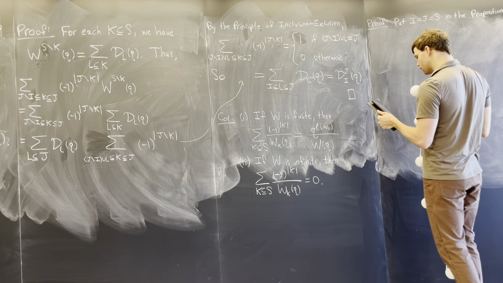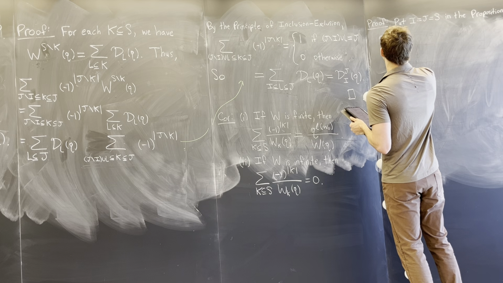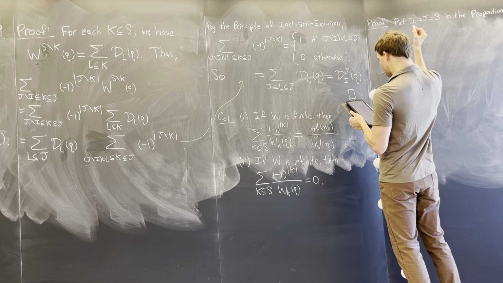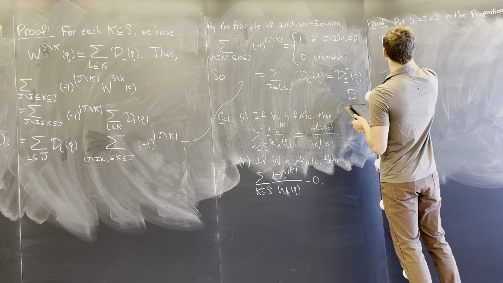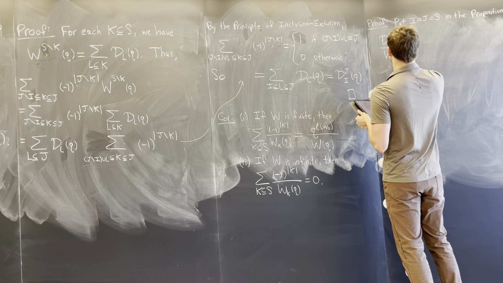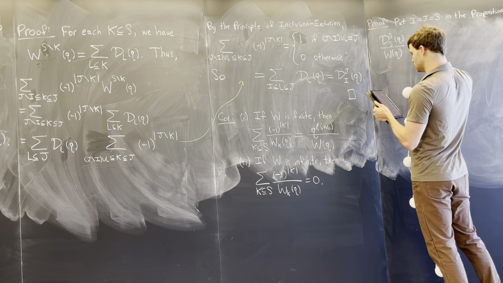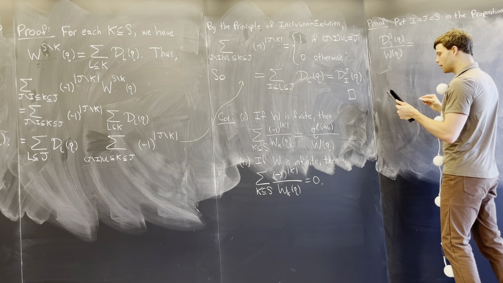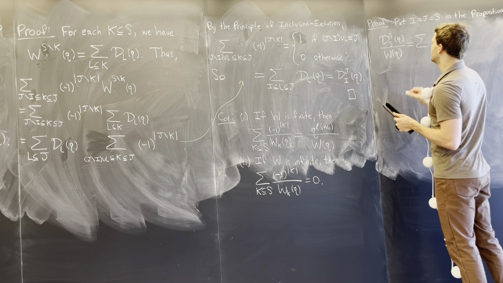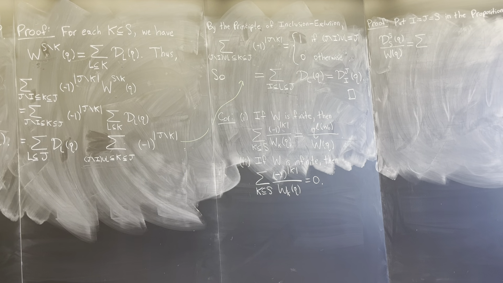So if I do this, then I get d_SS of q divided by W of q. What is this? So this is going to be the sum. Right, so here I'm just taking I and J to both be S.